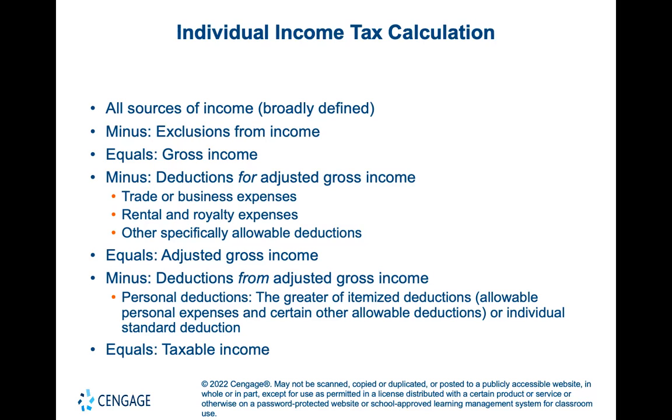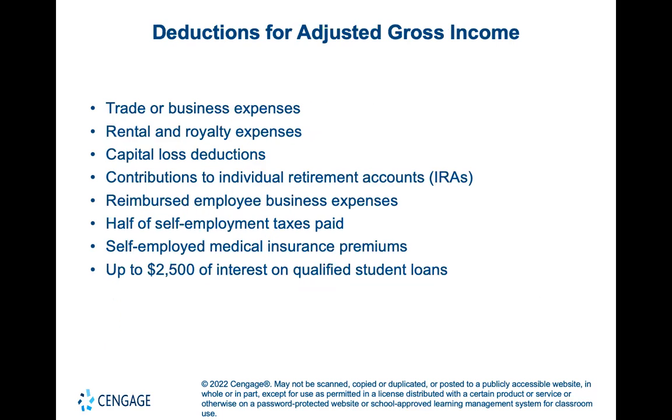Minus deductions from adjusted gross income, personal deductions: the greater of itemized deductions, allowable personal expenses, and certain other allowable deductions, or individual standard deduction. Typically it's the standard deduction. Back when the tax changed about 4 or 5 years ago, the standard deduction is usually larger than you being able to itemize. So that equals your taxable income.